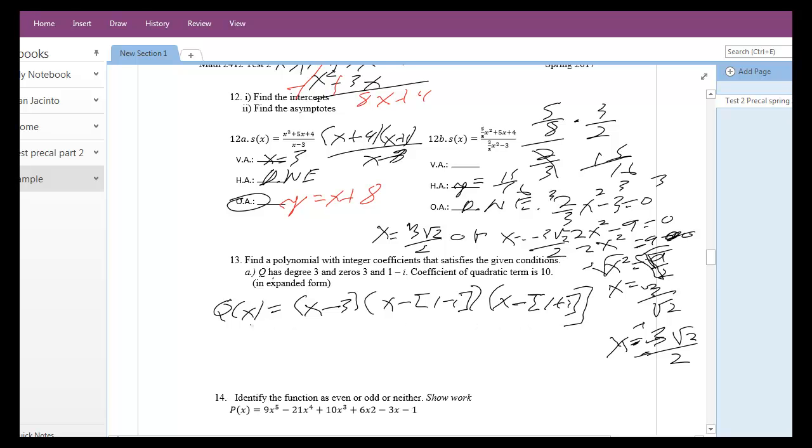Then you've got to clean this up. Now there's a very slick rule here, but I'm going to go ahead and clean it this way. Notice this becomes x minus 1 plus i. This becomes x minus 1 minus i. Now you've got to dance all of that stuff out, see what you get. That turns out to be, I can't remember. So hold that thought for a second. I'm going to hit pause.